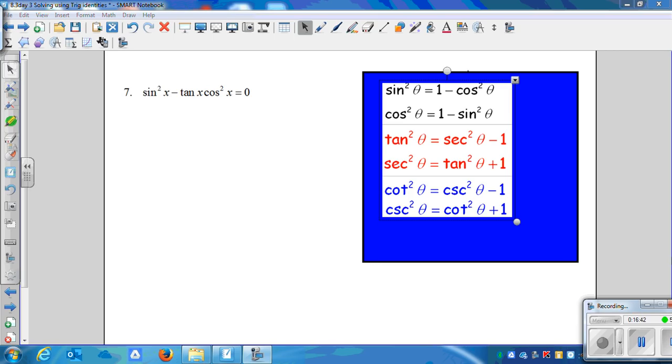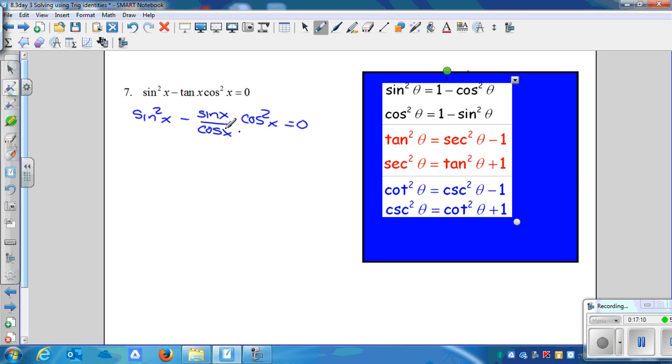Number 7. Before I go replacing cosine squared x with a value, I'm going to see if I can do some simplifying, because I can rewrite tangent x as sine x over cosine x. So that's what I'm going to do. I have sine x over cosine x times cosine squared x equals 0.